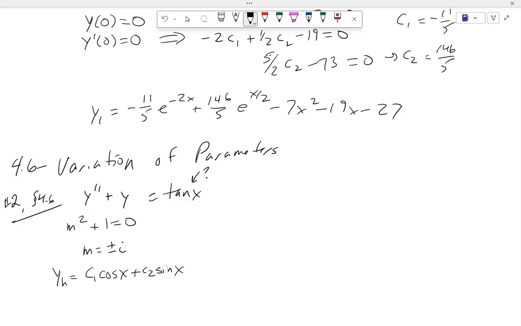So let's do this in more general terms so that we get a formula we can use all the time to figure out the particular solution.